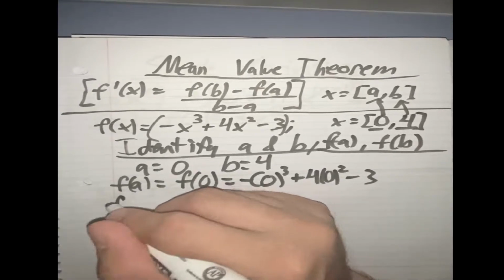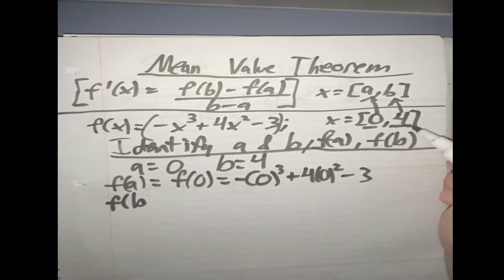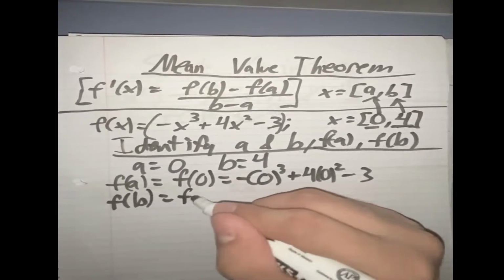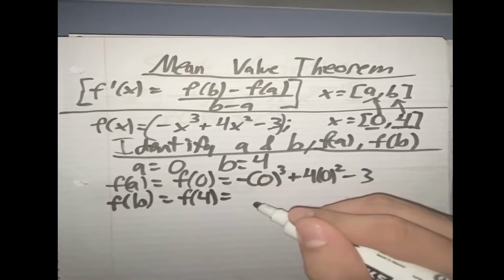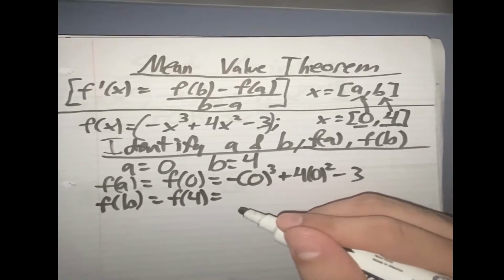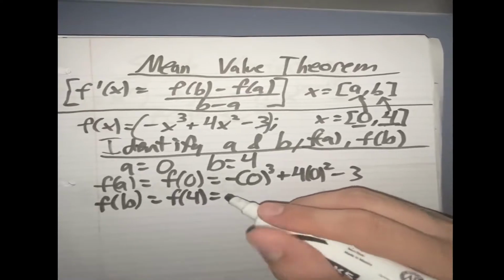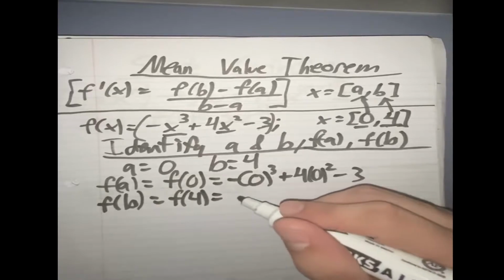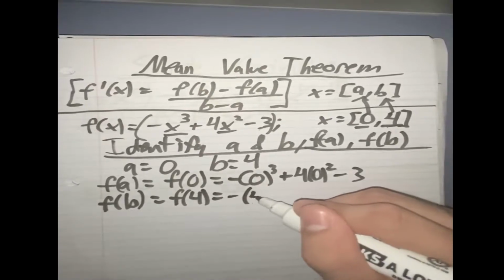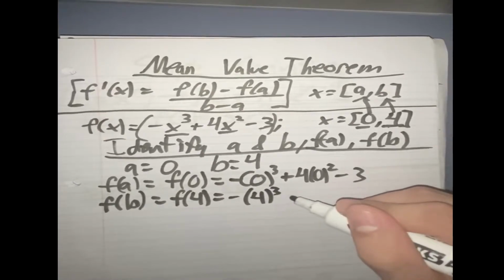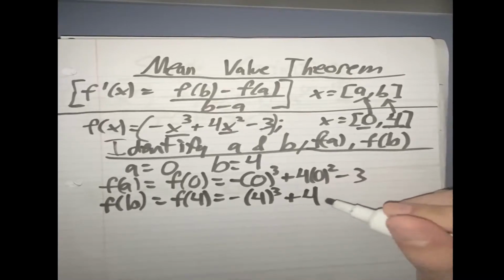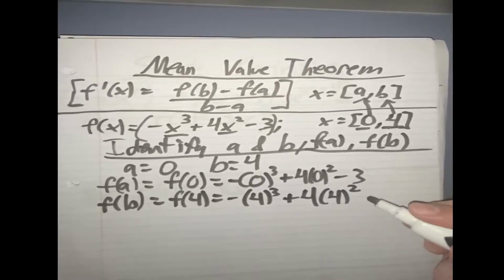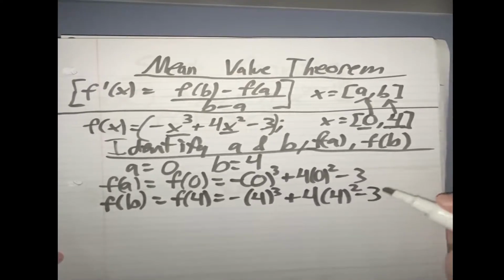For our f of B, we do the same thing, except we're plugging in our B, which is 4. So f of B is equal to f of 4, and everywhere we see x, we plug in our B term. So negative parentheses 4 cubed plus 4 times 4 squared minus 3.